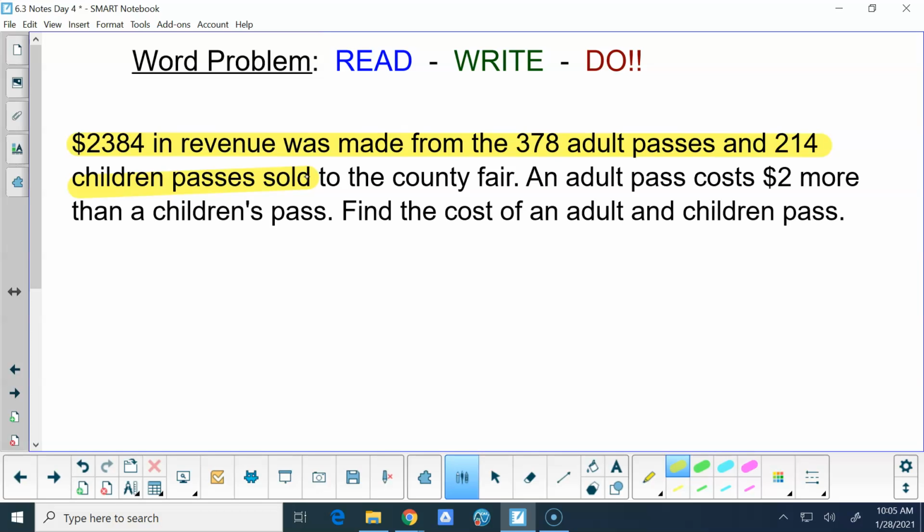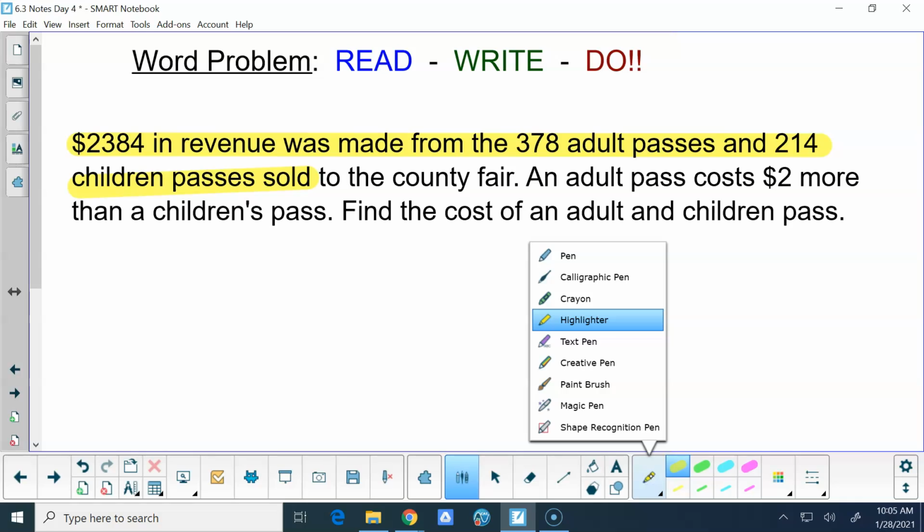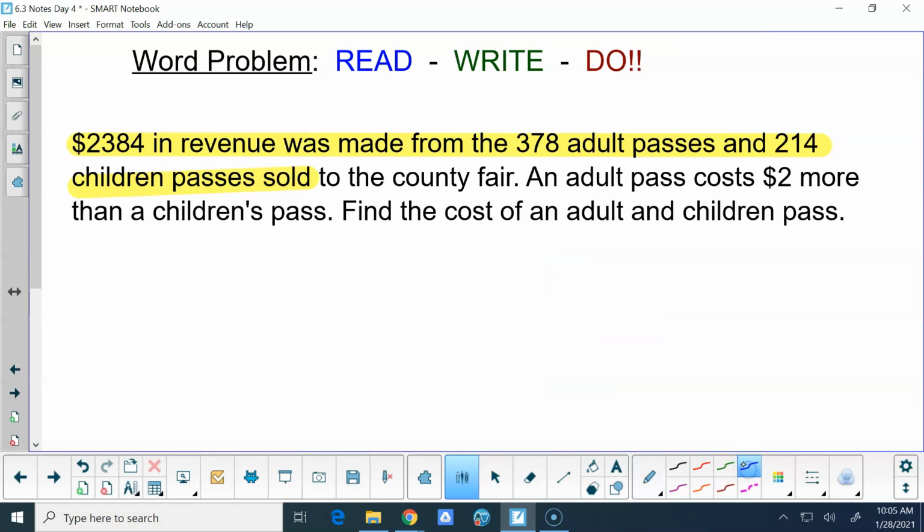The sentence contains some kind of numbers, so that whole sentence is going to be an equation. Let's go with C is children's pass and A is adult. If we define it that way, or you could use X and Y, that's fine, but you've got to know which one's which when you're doing it.